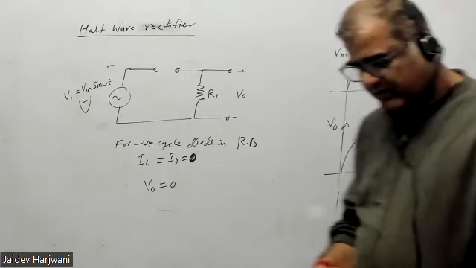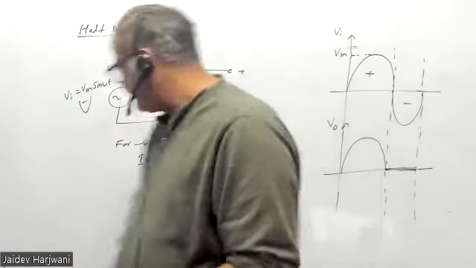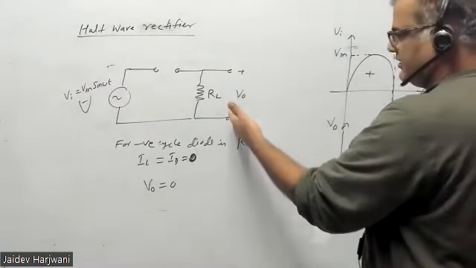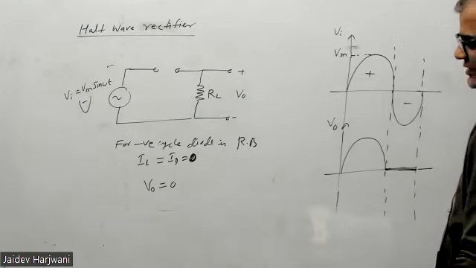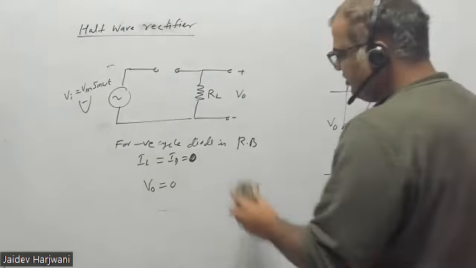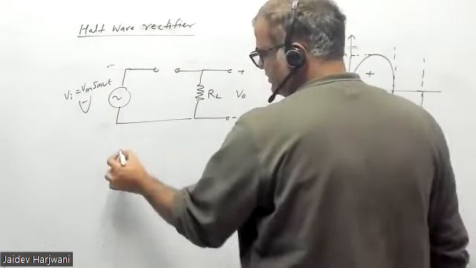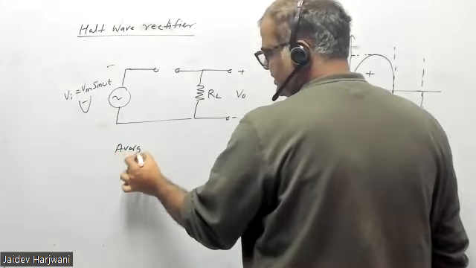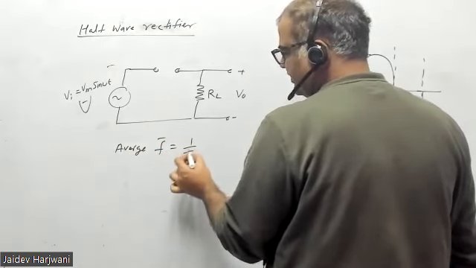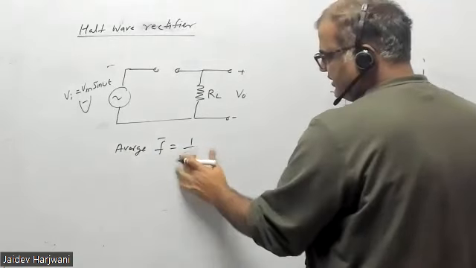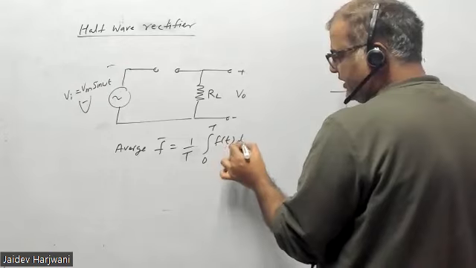Now I want to find the average voltage here. How much average voltage am I getting for this part? So what is the formula for average voltage? The average of any time varying function over a time period is given by 1/T times the integral from 0 to T of f(t) dt.